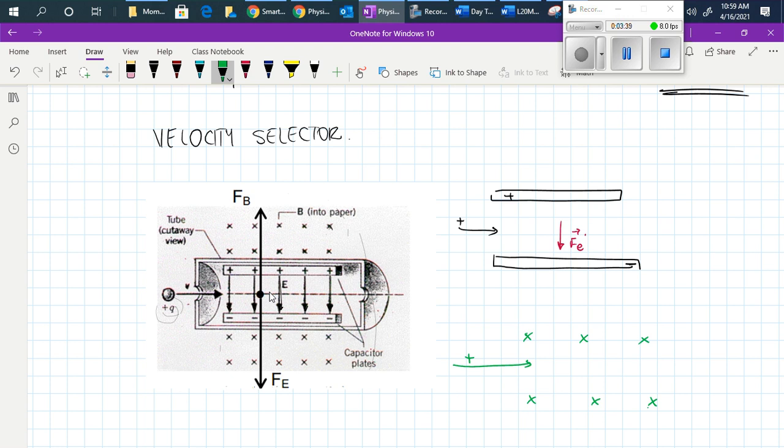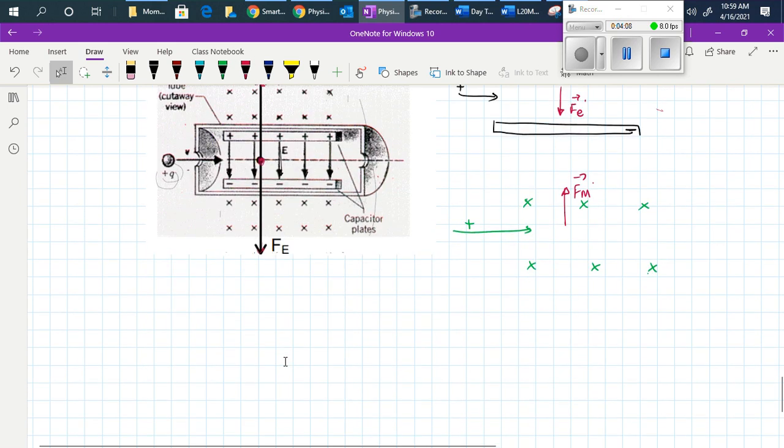Magnetic field is into the page, so your fingers should be into the page. Therefore, the magnetic force is going up. And this is why on this picture the electric force is going down because of what we said, and the magnetic force is going up because of the third left-hand rule.